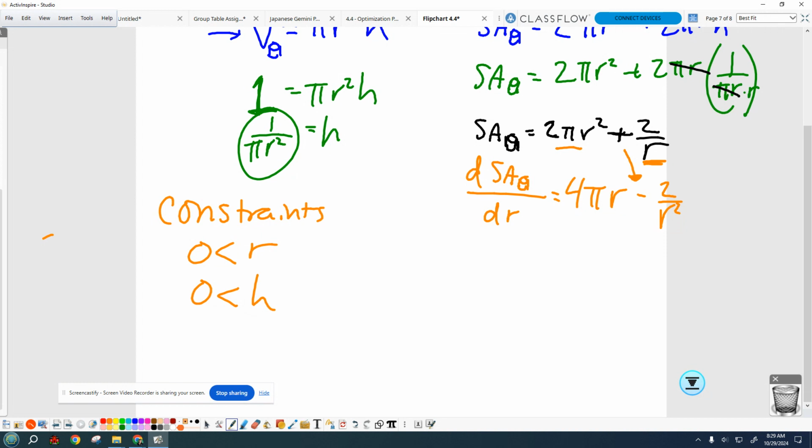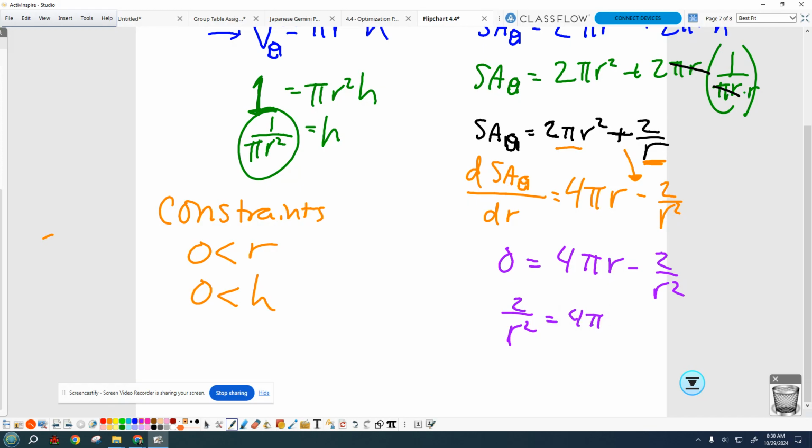Roman, how do I find any other critical points? What do I do with the derivative? Set it equal to 0 and solve for r. Okay, how do I do that?